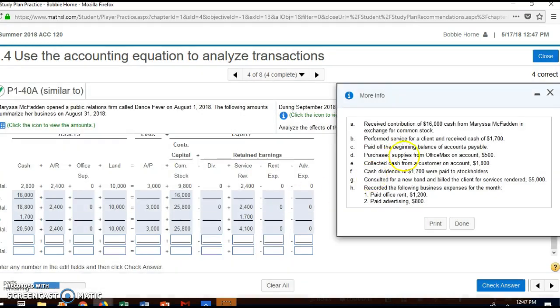Alright, for the next one, paid off the beginning balance of accounts payable. So we're paying the balance off. The balance is $3,000, so we're going to pay all of it off.